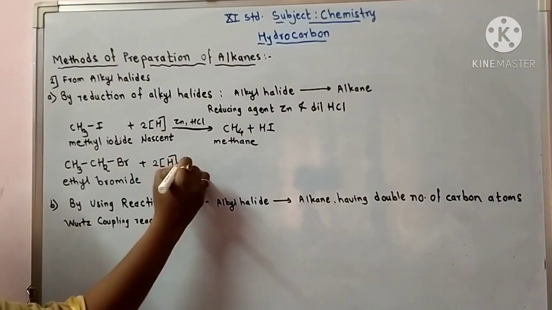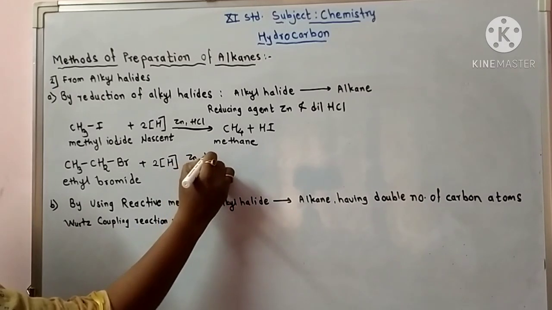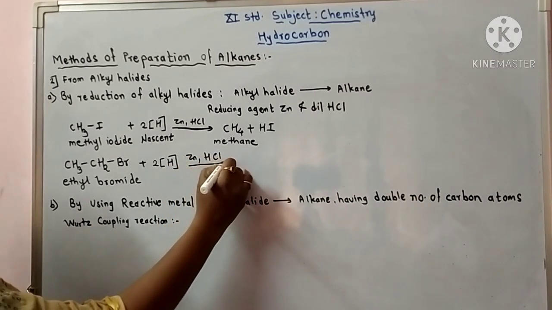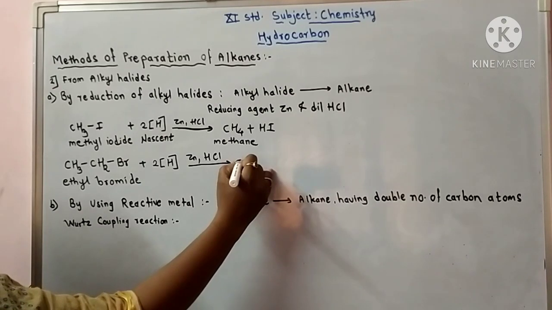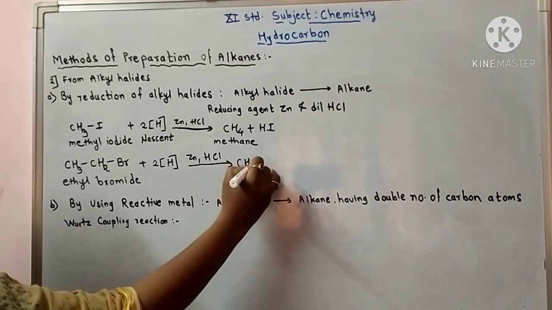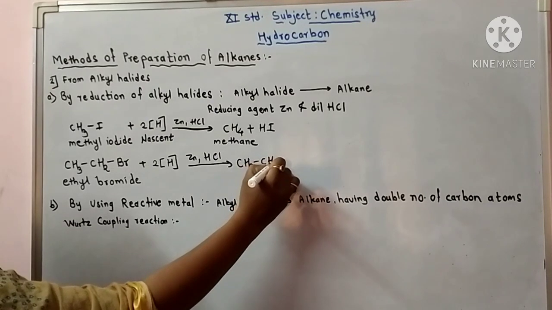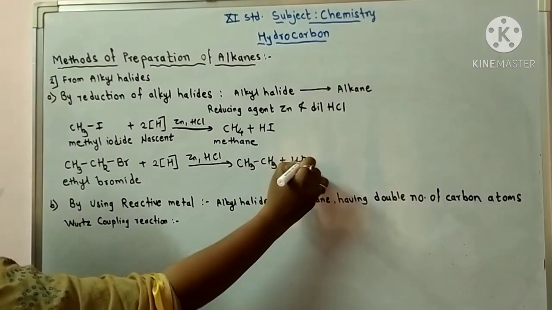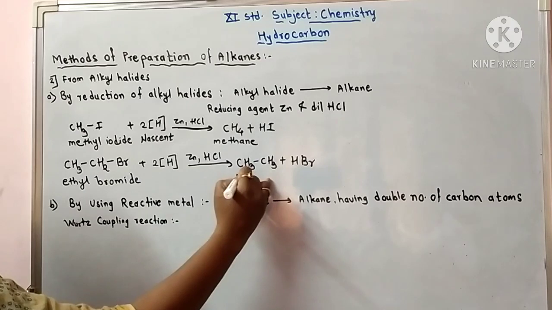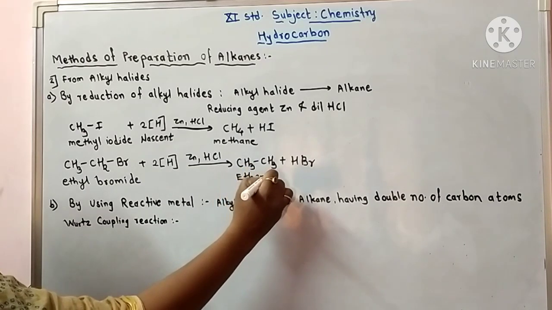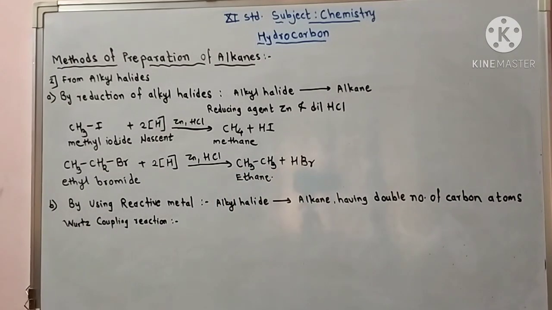It reduces the alkyl halide to alkane, that is, in this case, ethyl bromide to ethane plus hydrogen bromide as a byproduct. Ethane is obtained, so ethyl bromide is converted to ethane. So that is one method where alkyl halide, the starting compound, is converted to alkane.